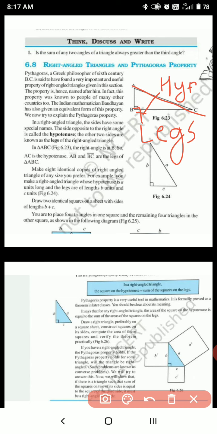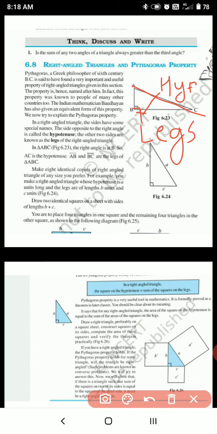Always remember that the hypotenuse of a triangle is always greater than the remaining two sides. It is the longest side of a right angle triangle.